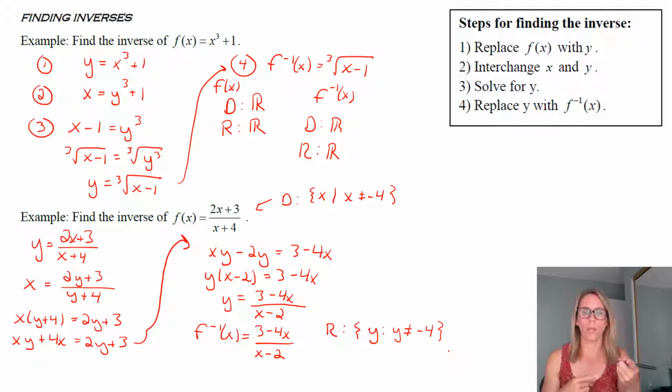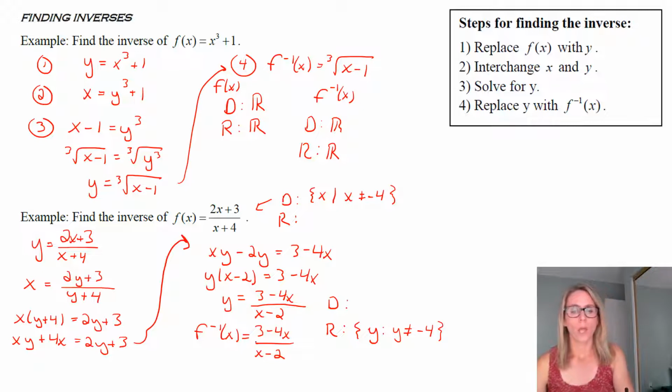The range of the inverse is the domain of the original. A lot of students have trouble with the range of functions. It's understandable, especially for something that's rational like this. We'll talk more about the range in the future. But I'm going to tell you a straightforward way to make it happen. If you know the domain of the inverse, you know the range of the original.